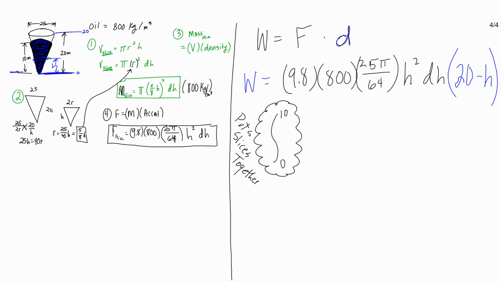So the volume of this black area has nothing to do with that number right there, because you're stacking the quarters from 0 to 10. That's this, which is the volume of the liquid.